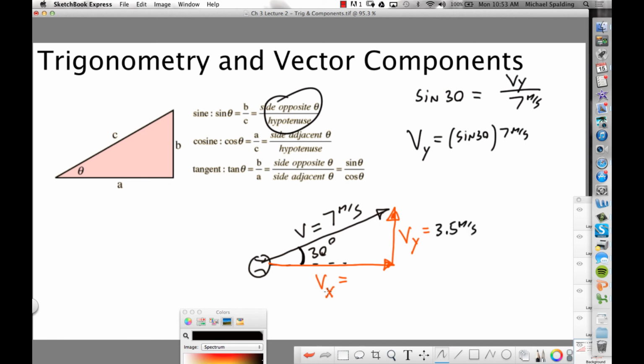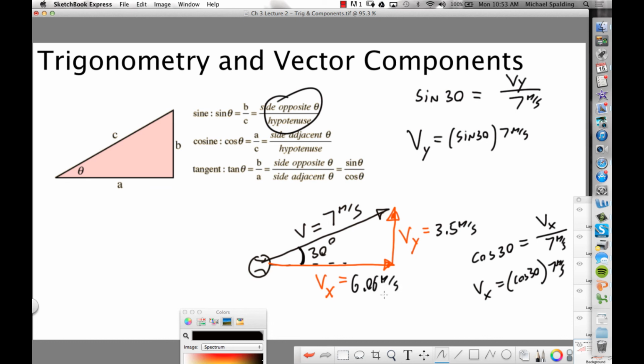All right, now how do we get the x component? Using cosine. So you're going to go cosine 30 equals Vx over 7. So Vx is going to be cosine 30 times 7, which gives us 6.06 meters per second.